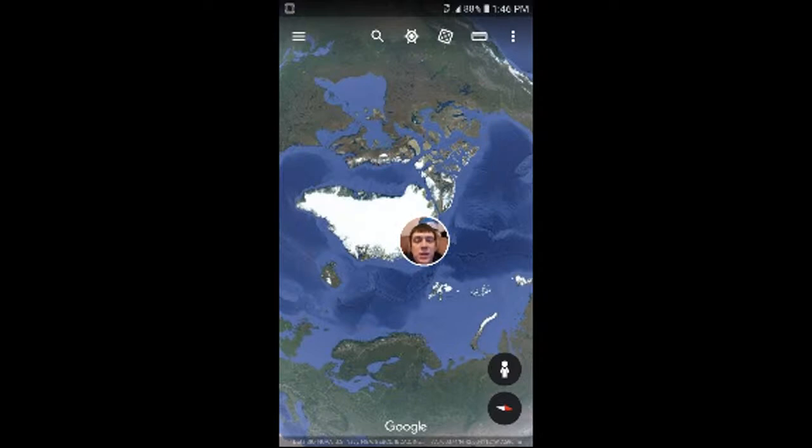And we know already that Greenland is smaller than they depict it. You guys do some research on actual map sizes. Greenland isn't that big. On all maps, they make Greenland so much bigger than it actually is. And I think that they do the same thing here in Google Earth.